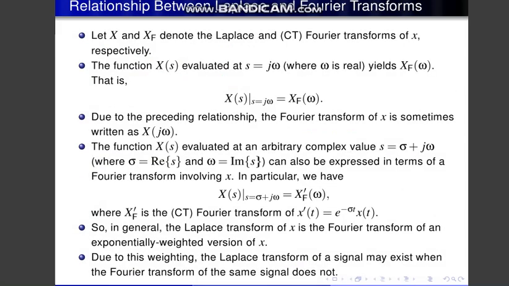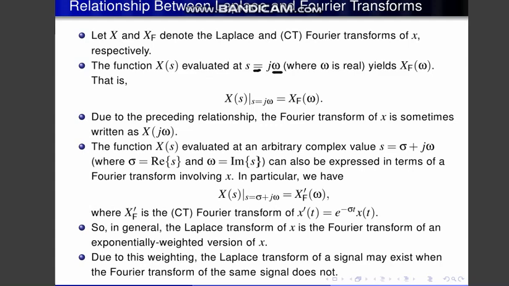Now, the main factor is the relationship between the Laplace and Fourier transforms that I mentioned early in the video. In the beginning of the video, I told you the relationship between these two: if you replace s with j omega, you will get the Fourier transform, where omega is real, and j means the complex number. Due to the preceding relationship, the Fourier transform of x is sometimes written as X(j omega).